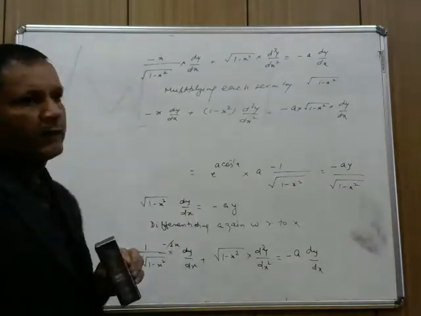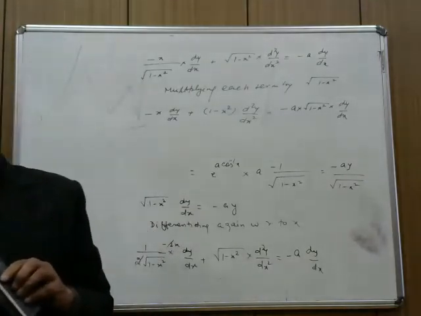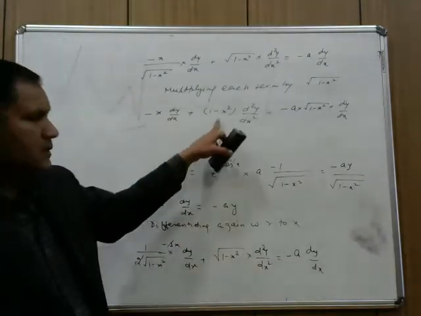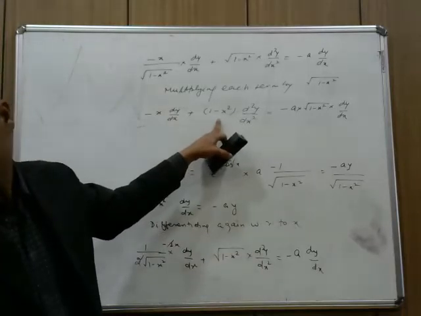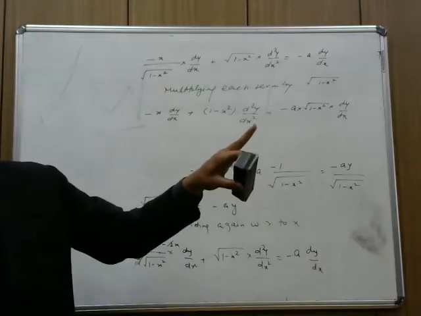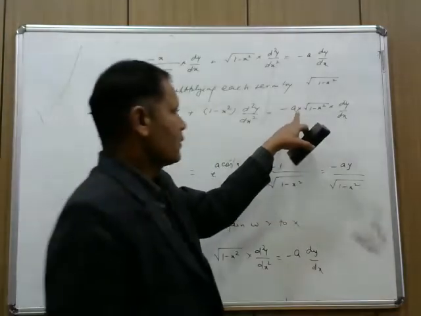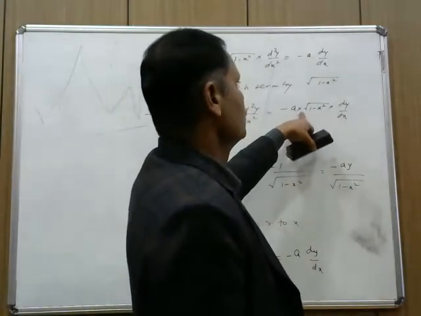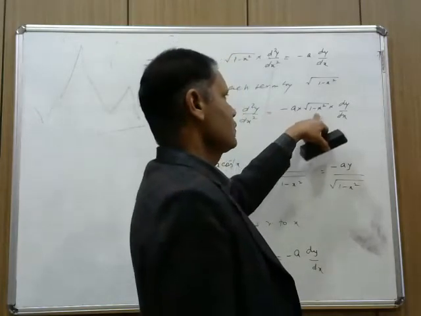Now see what we have to prove: (1−x²) d²y/dx² minus x dy/dx is equal to, here in this part, a into √(1−x²) into dy/dx.